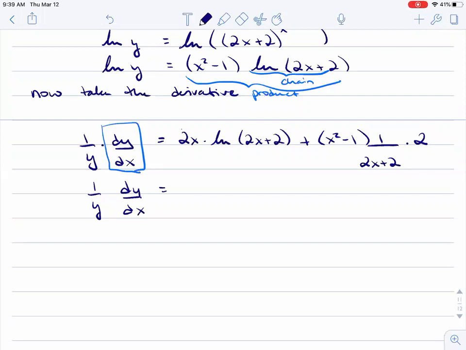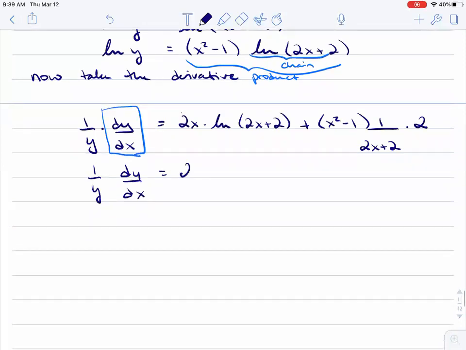Yeah, there's not a lot that I can do, so maybe it's okay. Let's do that. We can. Why not? So I get 2x times the log of 2x plus 2 plus x squared minus 1, and then 2 over 2 times x plus 1.